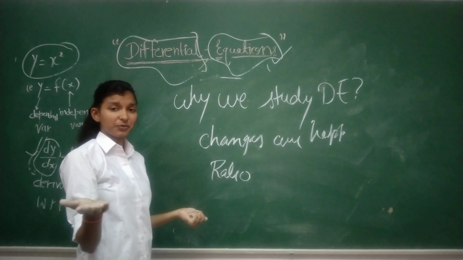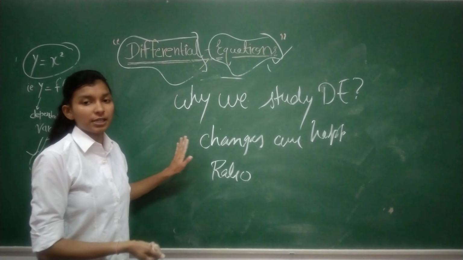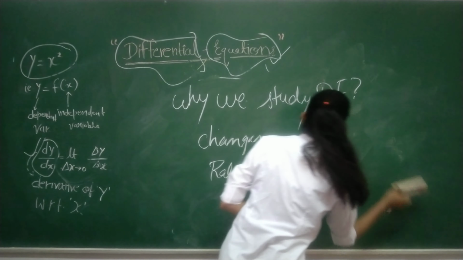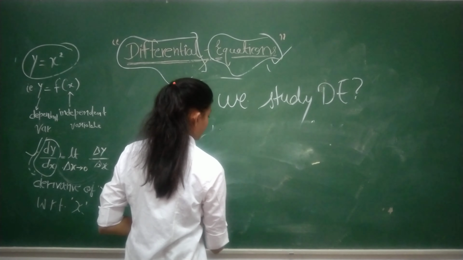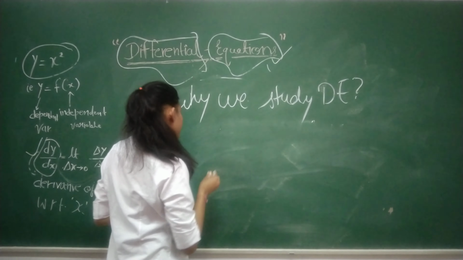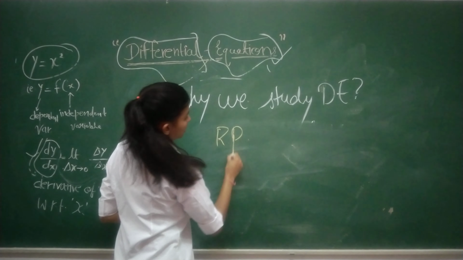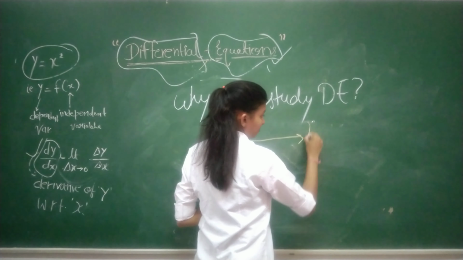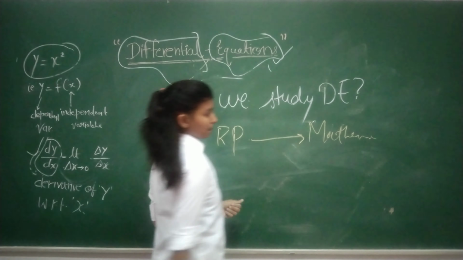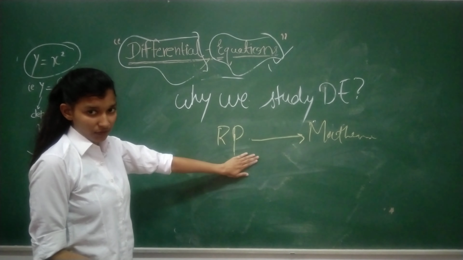In physics or chemistry, for any reaction or real world problem, what process do we follow? We convert the real world problem into its mathematical model by applying some fundamental physics laws.